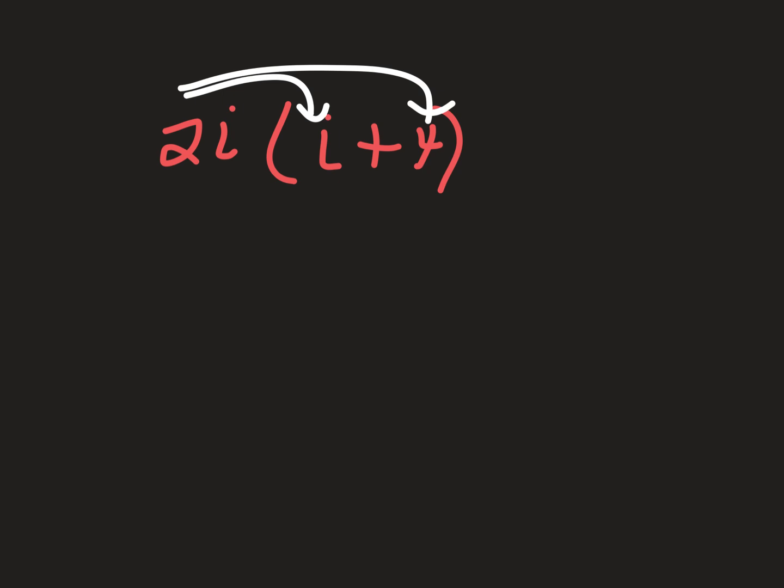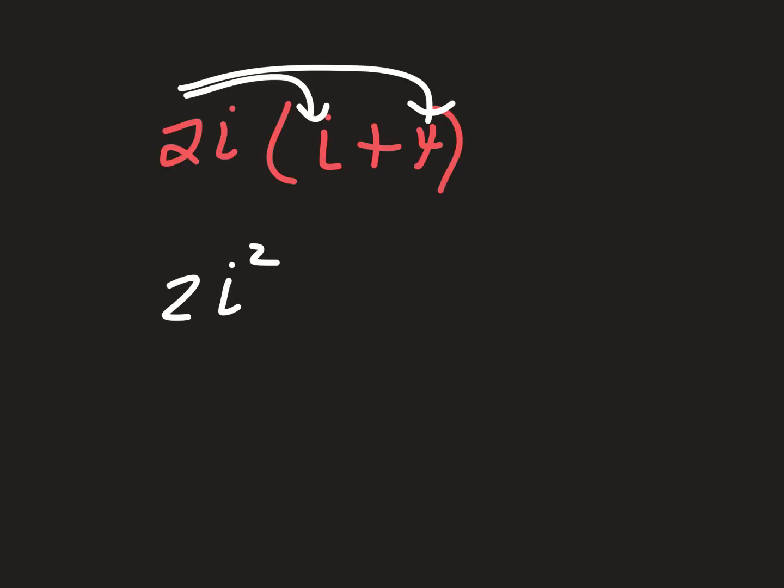Multiply this out. 2i times i. Sadly, a lot of kids get stuck on that. They're like, I don't remember how to do 2i times i. It's 2i squared. Is that twice i? Nope, it's 2i together, squared. 2i, and then since the i is times an i, it's i squared, like that. 2i times i is 2i squared.